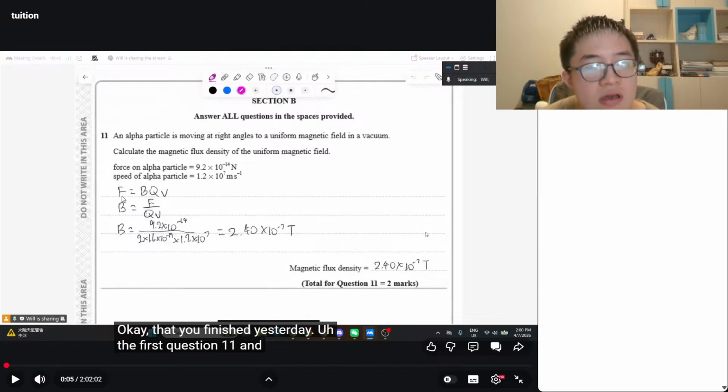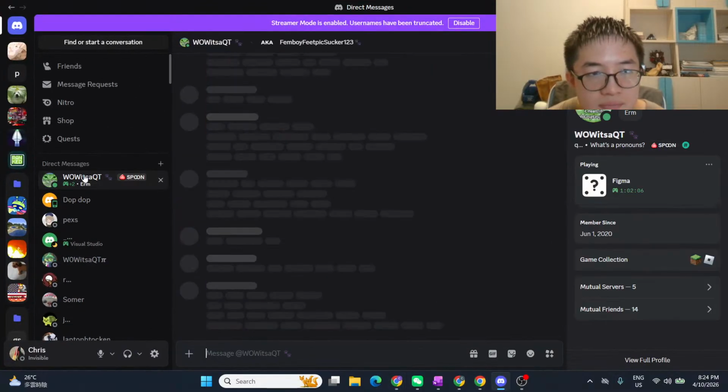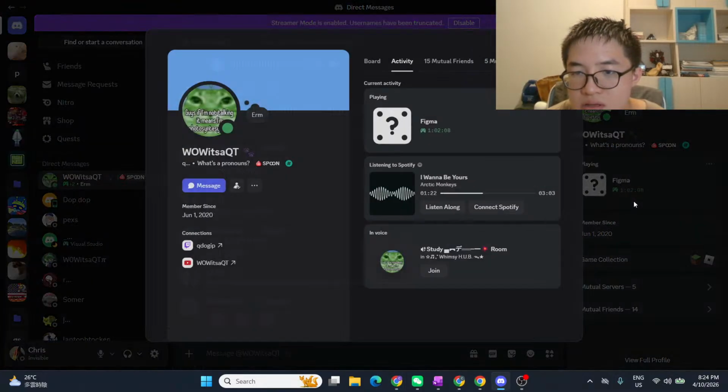magnetic force. Alpha particles moving at right angles to a uniform magnetic field in a vacuum. Calculate the magnetic flux density of the uniform magnetic field. The force is this, speed is this, and charge would be 1.6 times 10 to the power negative 19. What does he have?